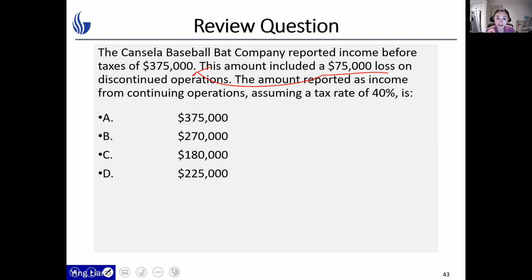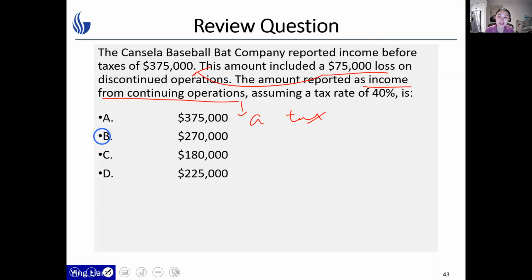And this is a discontinued ops for the $75,000. The amount reported as income from continuing operations, assuming a tax rate of 40%. So this income from continuing operations should be after tax, right? After tax.